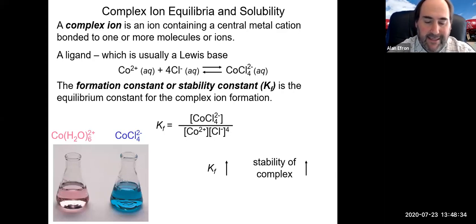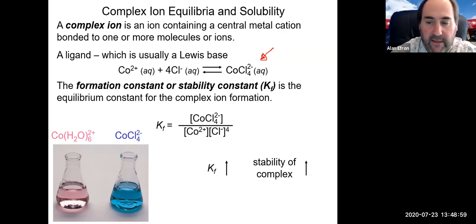In this case, and as most of these are written, our complex ion is on the product side. So the larger the Kf value, the more products you should have, which means more complex ion being formed, and a more stable complex ion.